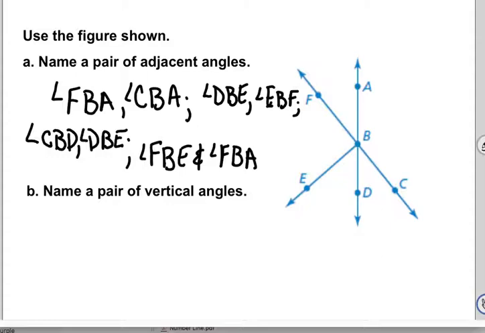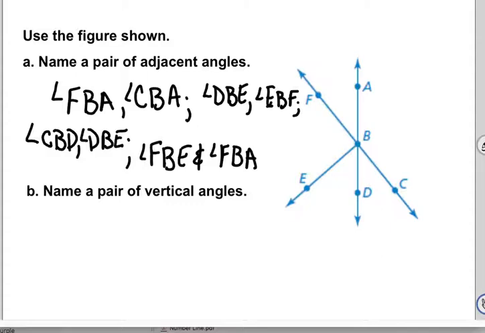I know there's going to be some things on your homework that are going to be just like this. And you're going to have to list every one of them that you can see. Okay? So it's not hard, but you have to be careful in the way that you do it so you can get them all listed. What about vertical angles? Can you identify a pair of vertical angles in that drawing? Ty? FBC. Okay, he's saying FBC.